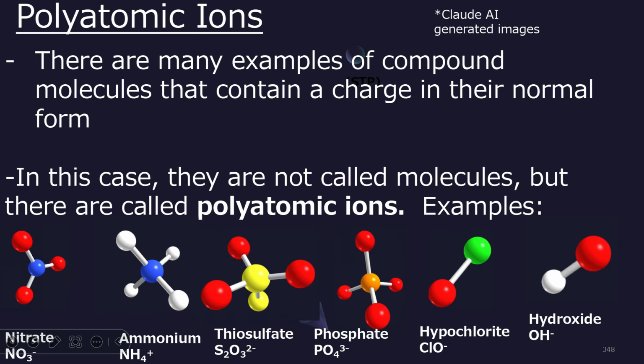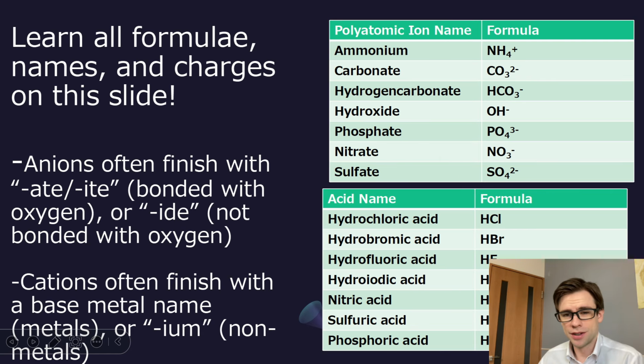So, why do I bother talking about this right now? Well, we're going to start seeing a lot of formula and examples with these polyatomic ions and various other things, and you're going to be expected to know what I'm talking about and what your textbook is talking about and what the IB exam is talking about. So this is one of the first things where I have students just memorize sort of a list.